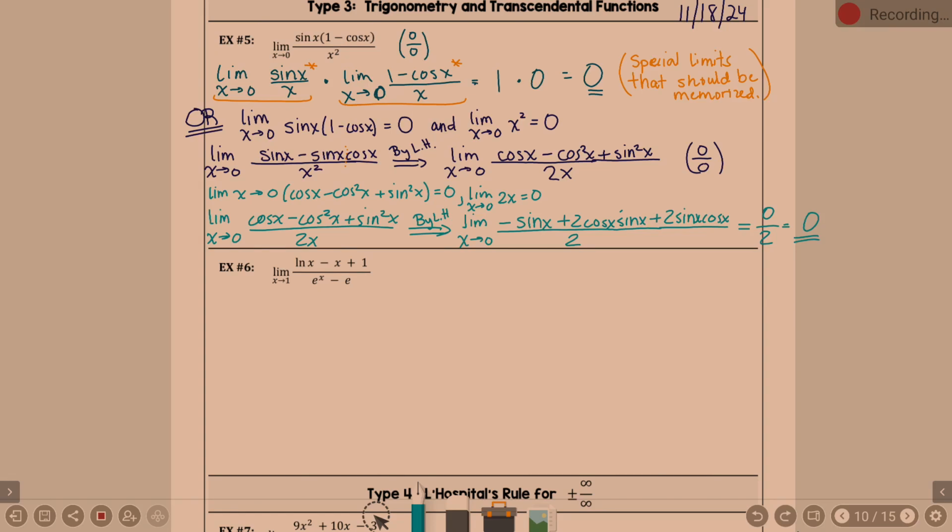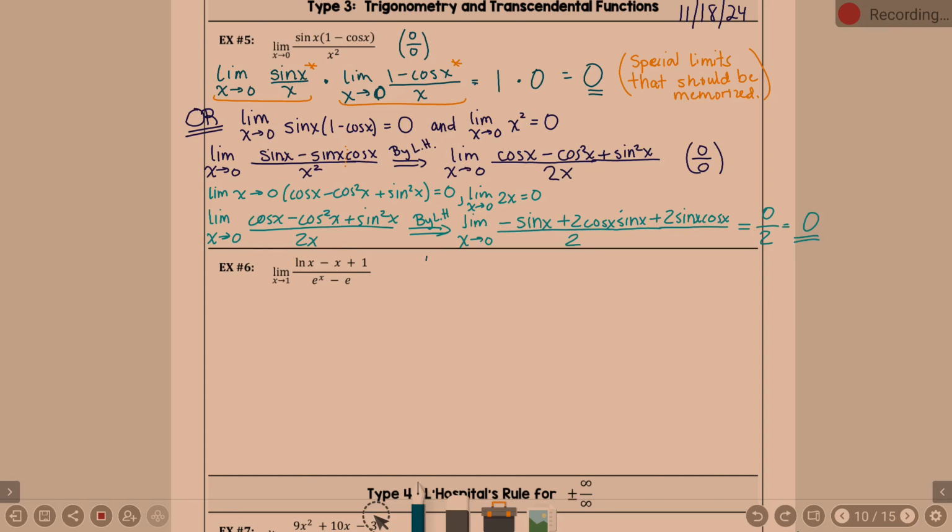Okay, let's look at example 6. The limit as x approaches 1 of ln x minus x plus 1 over e to the x minus e. Let's plug in and make sure that we need to use L'Hopital's.